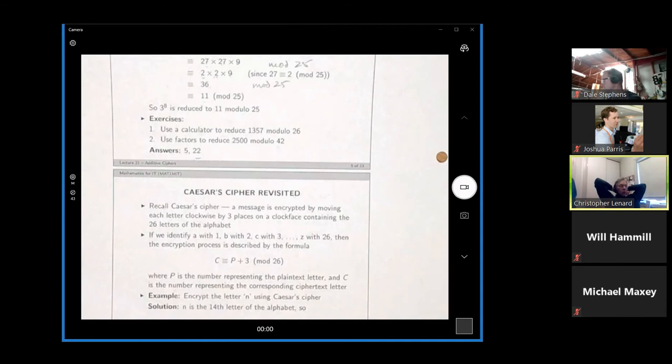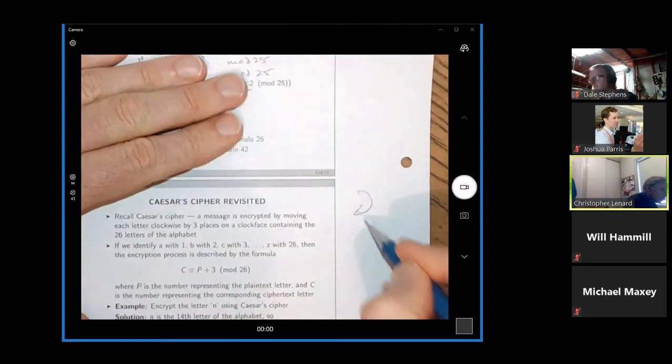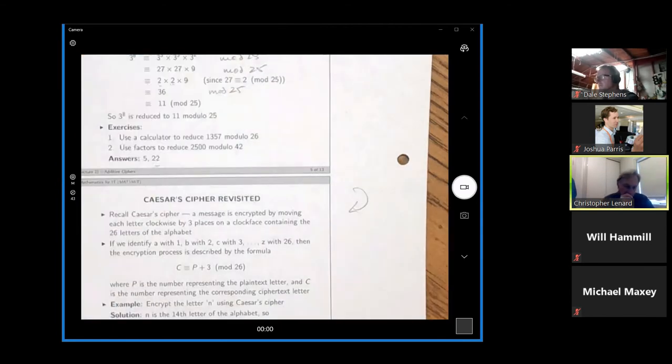In that particular one, we moved forward 3 letters, and wrapping around. So going around the clock, clockwise on the clock face, the letter clock face. Where is it? I've lost it.